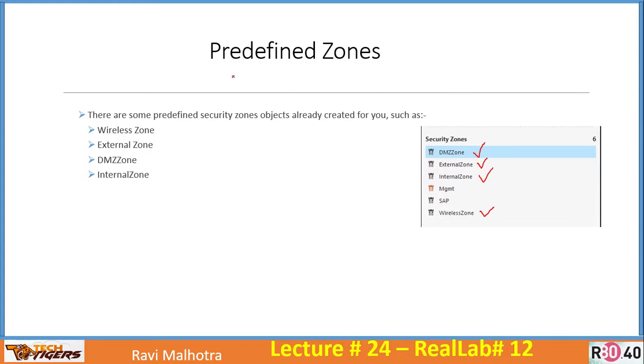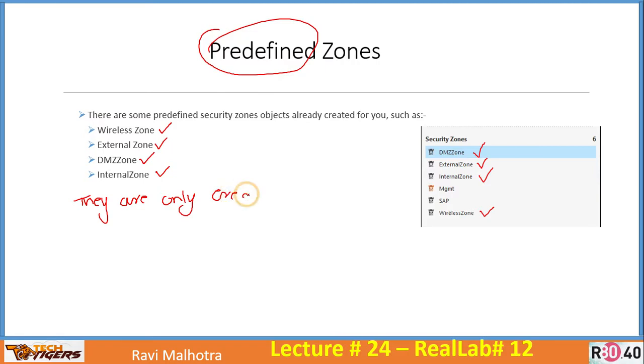There are certain predefined zones created for you. These zones are the wireless zone, external zone, DMZ zone, and internal zone. They are only created for you, right? They are not assigned to any interface. That's what I'm writing.